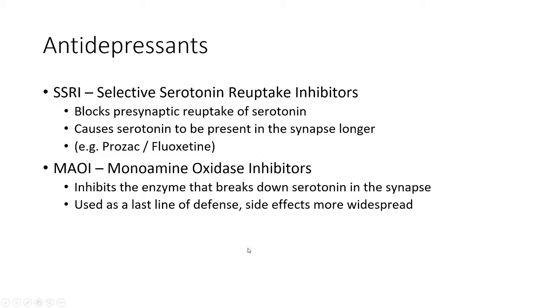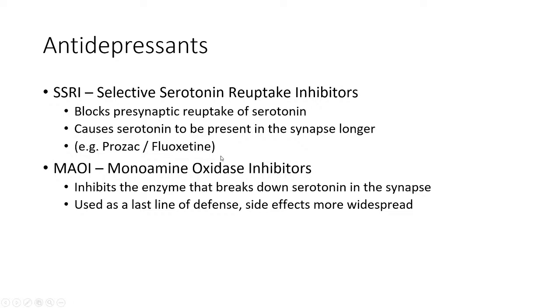maybe not as a last line of defense, but it's definitely not your first choice for depression because the side effects are more widespread. Monoamine oxidase is used to break down not just serotonin at serotonin synapses, it also breaks down norepinephrine at norepinephrine synapses and dopamine at dopamine synapses.